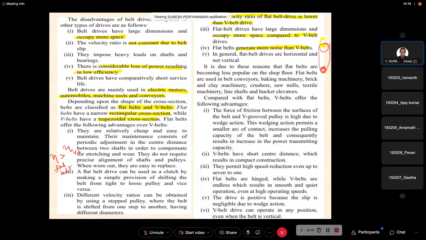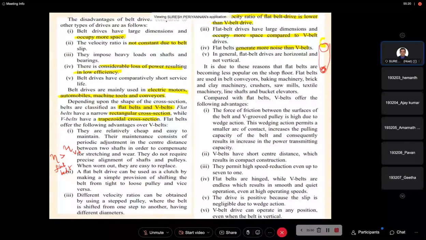The coefficient of friction between the belt and pulley is a very important parameter for power transmission capacity. In a flat belt drive, the contact between belt and pulley happens on the flat surface. But in the V belt, the cross section of the belt is trapezoidal, and the same identical shape is followed in the pulleys.